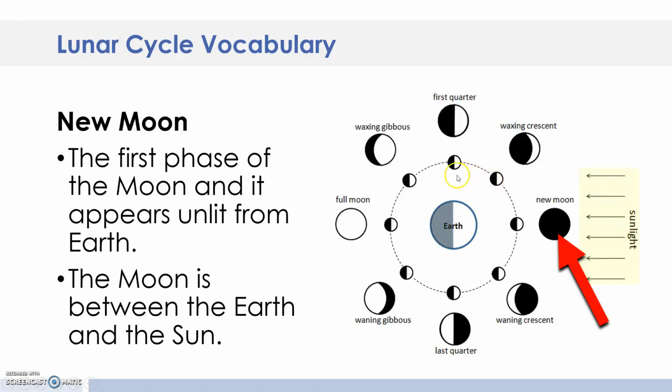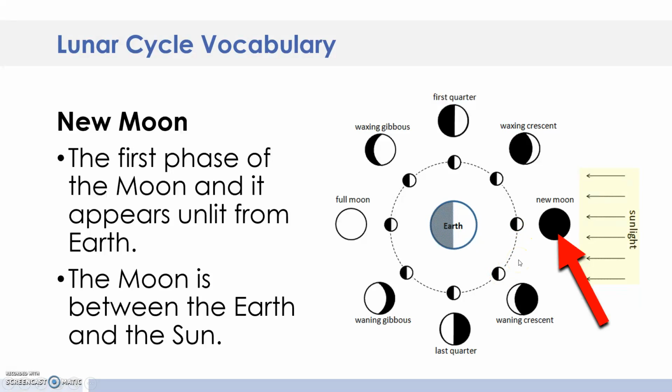The same goes for our moons in all of these different positions. Sunlight can only hit the side of the moon that is facing the sun. So in each one of these places, the sunlight is hitting this half of the moon. But to us, we're seeing different parts of the lighted side of the moon.